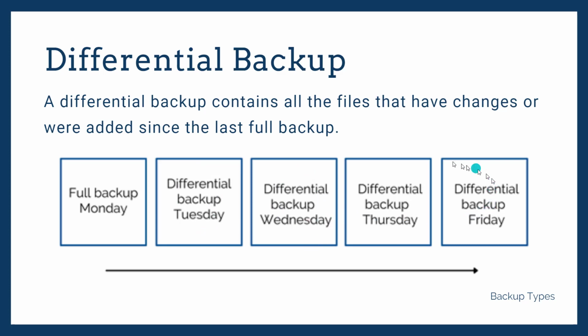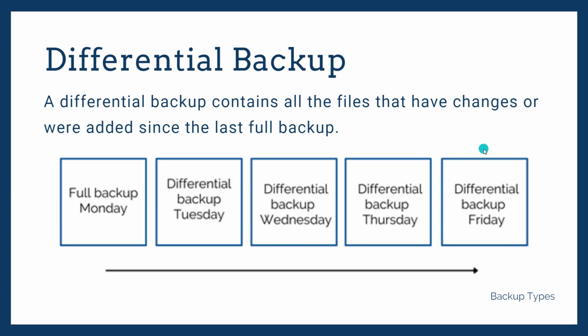It contains everything that has changed or was added since Monday, or the full backup, which includes Tuesday's, Wednesday's, and Thursday's backup. That's the differential backup. Each differential backup contains everything that has changed or was added since the last full backup.